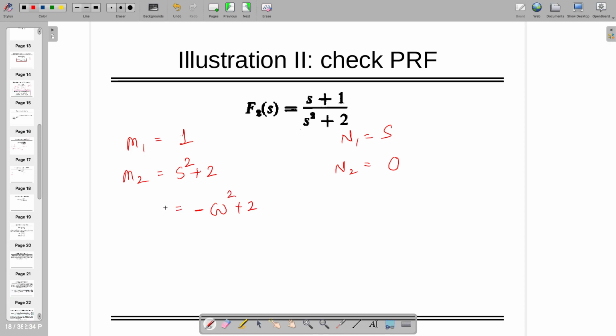This is my m1 m2 minus n1 n2, right? So this is negative entry, because omega itself will always be positive. We are not going to talk about something which is non-causal, right? We are only going to talk about the causal system. So this will not be a positive real function, right?